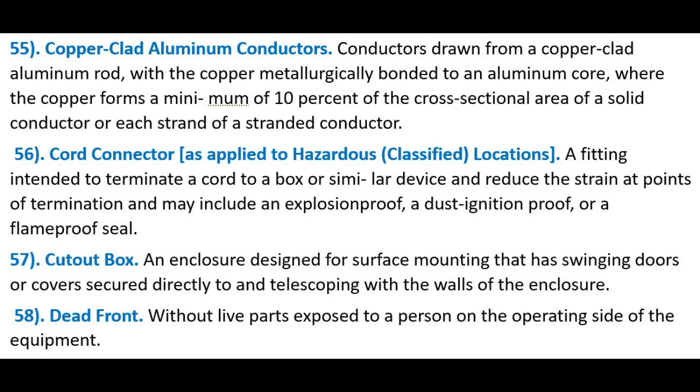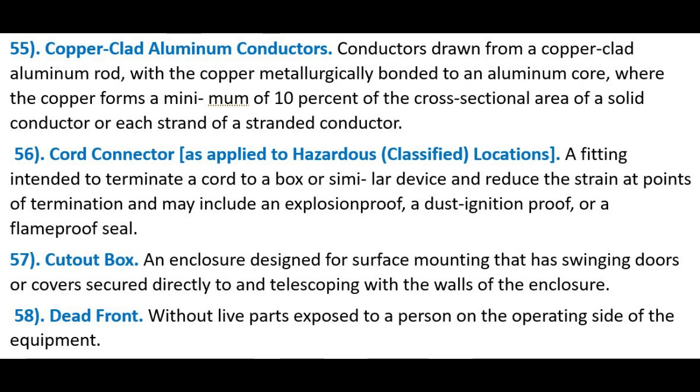A fitting intended to terminate a cord to a box or similar device and reduce the strain at points of termination. May include an explosion-proof, a dust ignition-proof, or a flame-proof seal. 57. Cutout box. An enclosure designed for surface mounting that has swinging doors or covers secured directly to and telescoping with the walls of the enclosure.